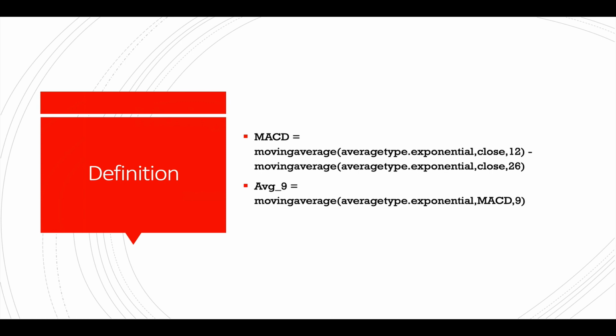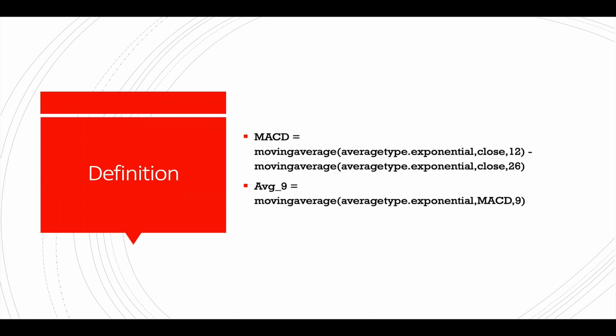So moving average convergent divergence, or MACD for short, is nothing but a difference of the 12 period exponential average of the close. So, you subtract that from the 26 period exponential moving average of the close, right? That's really the definition of MACD.